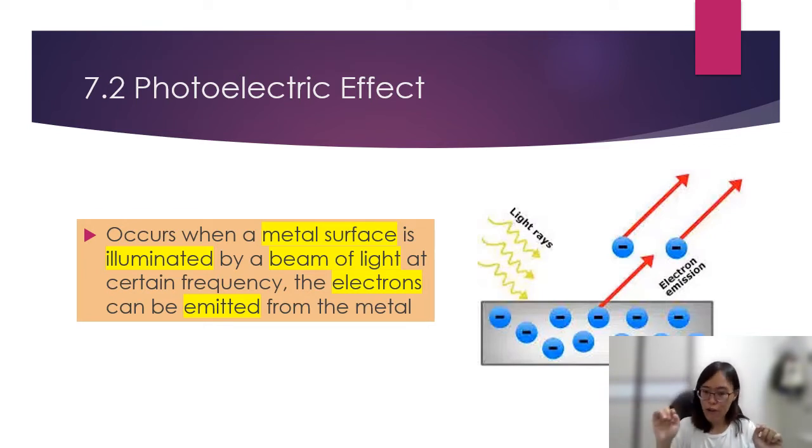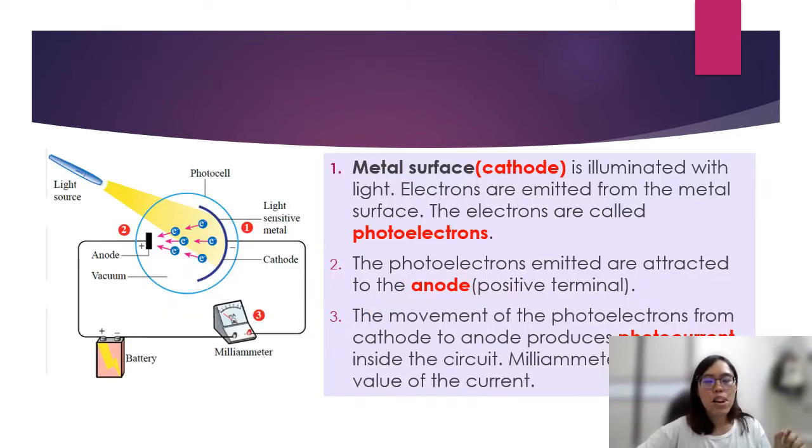Certain frequency. So the diagram on the left-hand side is a simple setup of how the photoelectric effect occurs. It also has a cathode and an anode. The cathode is slightly curved. Why is it curved? Because it allows all the light to focus at the cathode there.